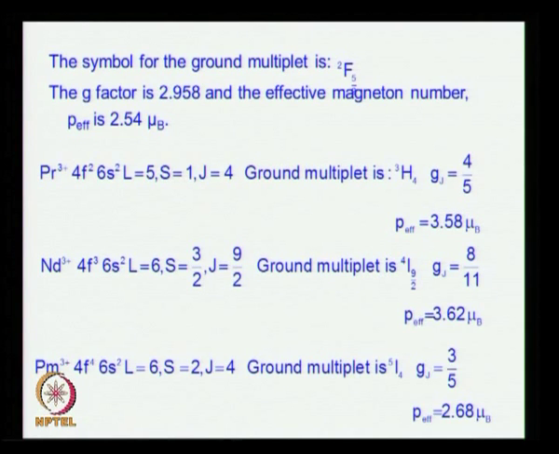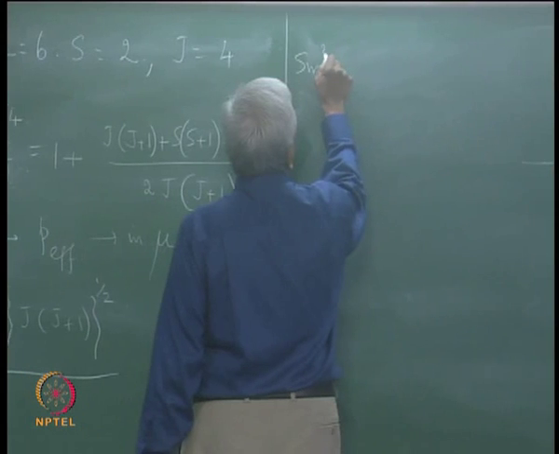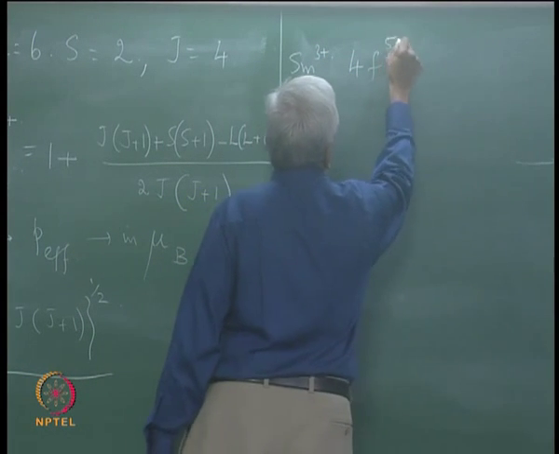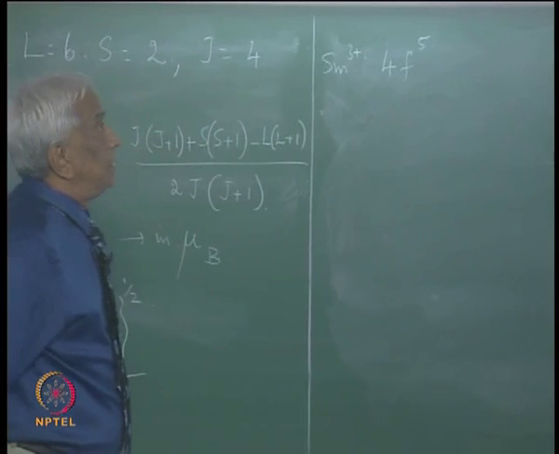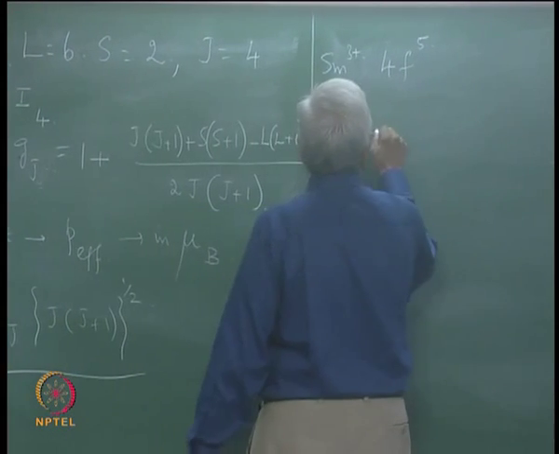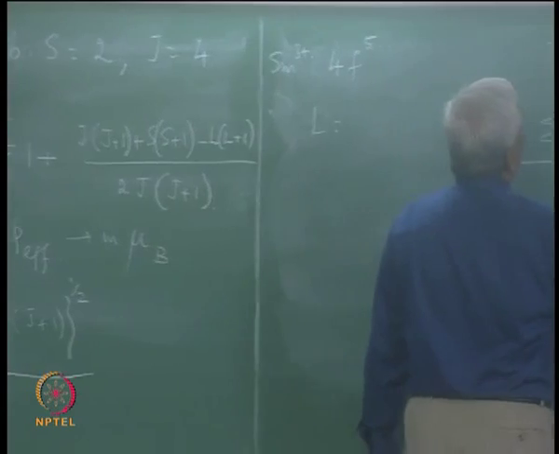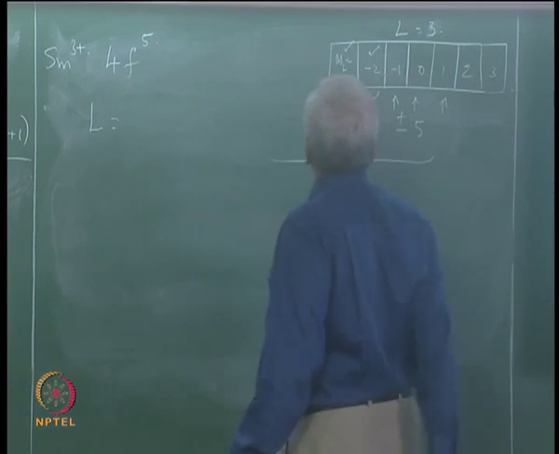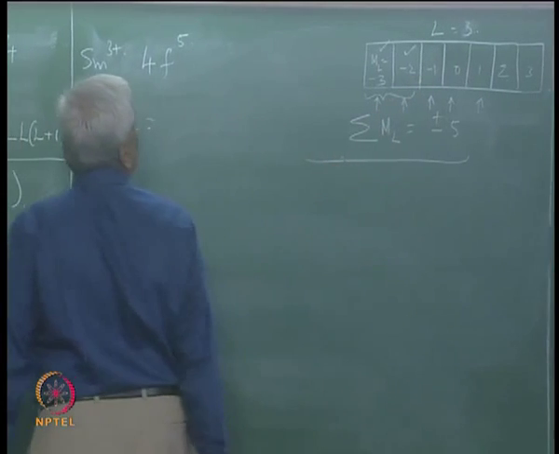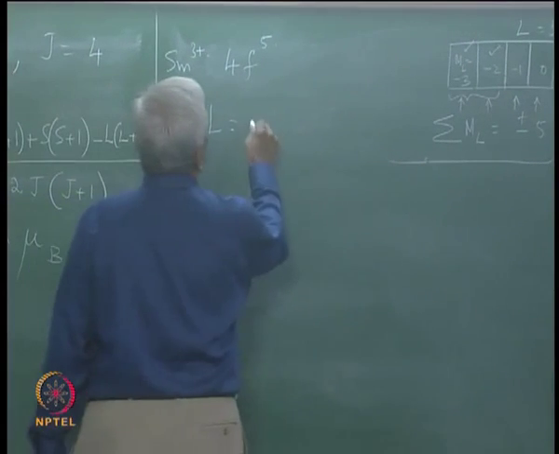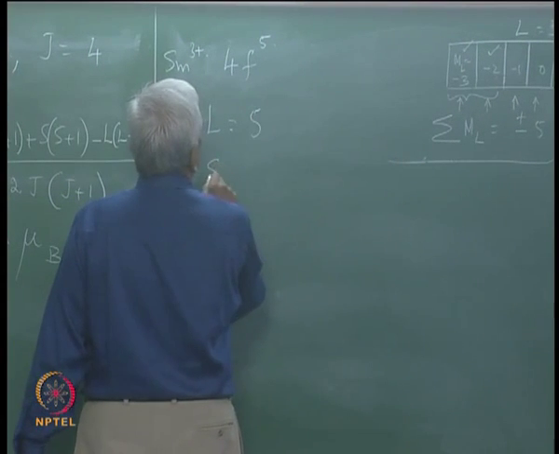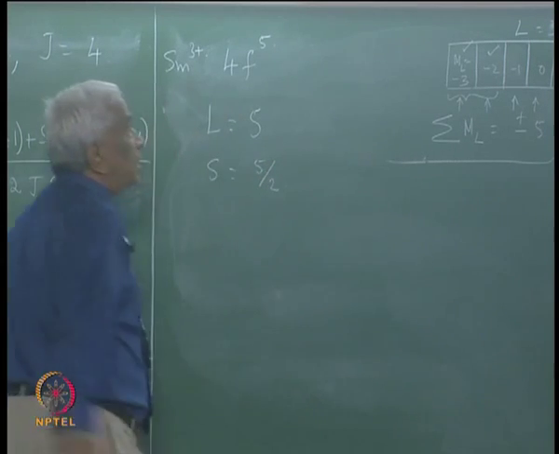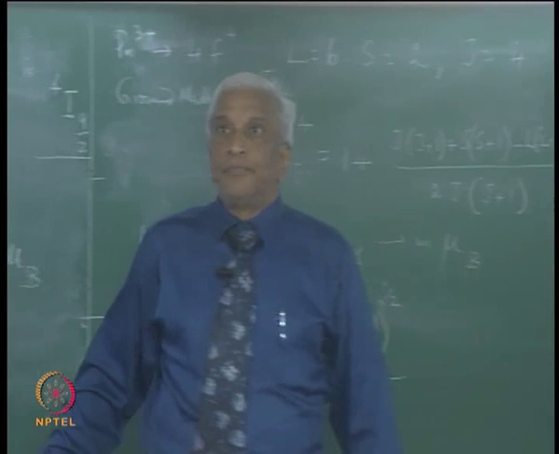Next we consider samarium 3 plus, which has a 4f5 configuration. Therefore, the L, now there are 5 electrons. So, the -1 and +1 will neutralize each other, leaving us with sigma ml equal to -5. So, that L is 5, and S for 5 electrons is still 5/2, because all the electrons have parallel spins.